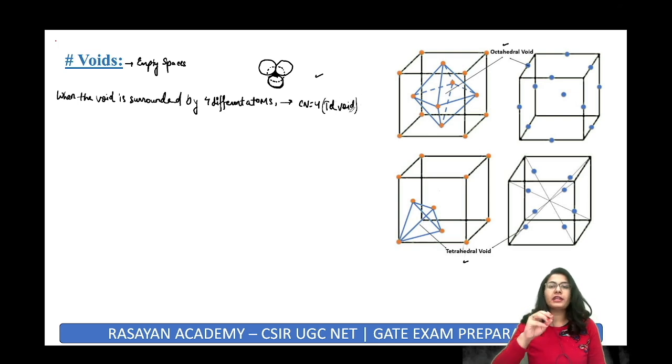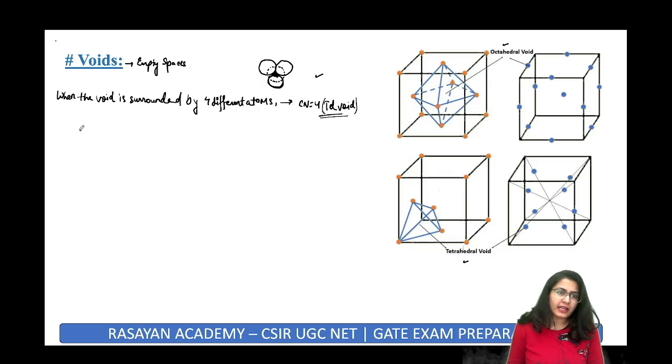Very simple. Coordination number 4, then it is tetrahedral, right? So whenever we have a lattice arrangement where the void is surrounded by 4 different atoms, it will be known as a tetrahedral void.